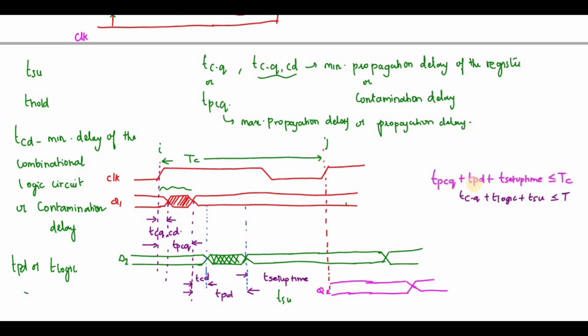If this is greater than TC, the data will arrive late. Therefore, I am going to make the TC value greater than or equal to TPCQ plus TPD plus the setup time. So this TC represents the minimum clock period.